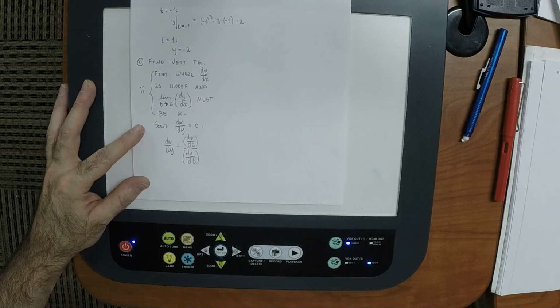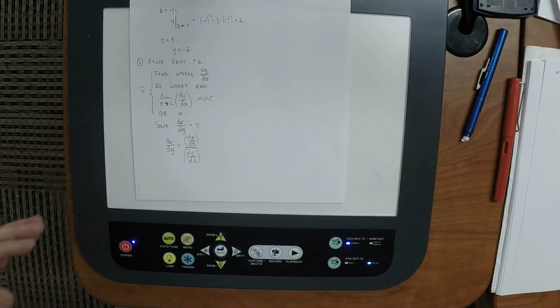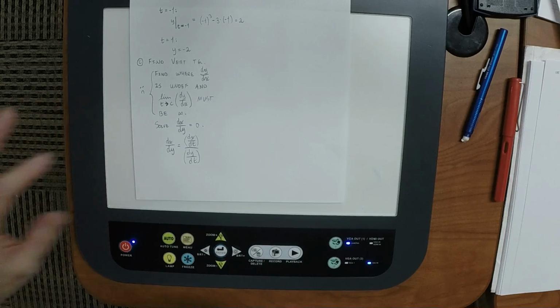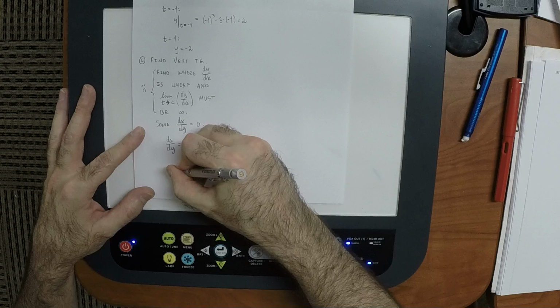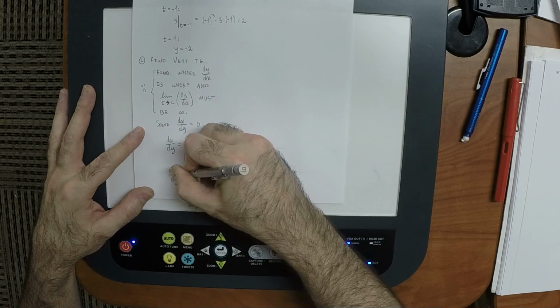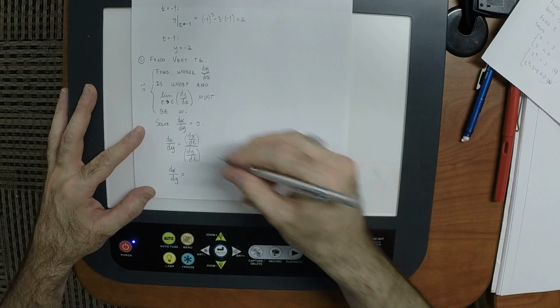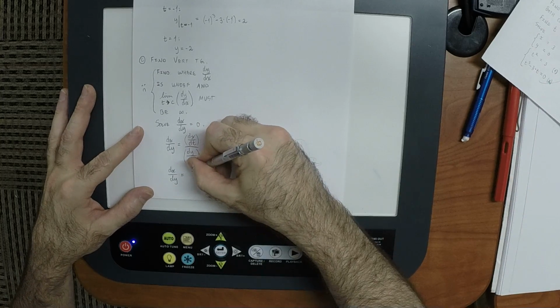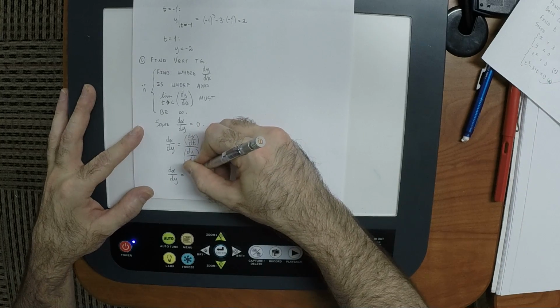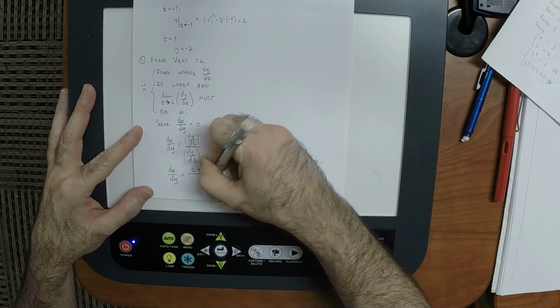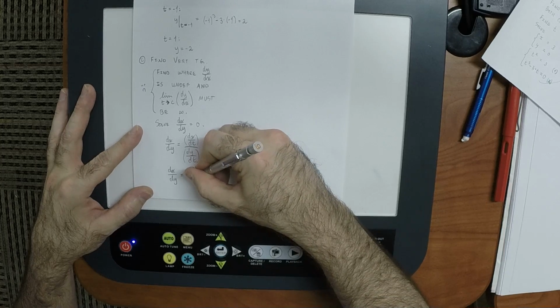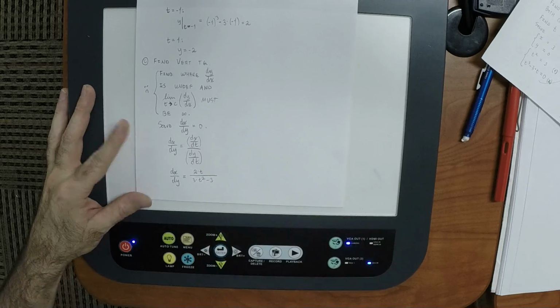And of course, that just means the reciprocal of the thing that you calculated a few minutes ago. So as a result, dx/dy will be 2t divided by 3t squared minus 3.